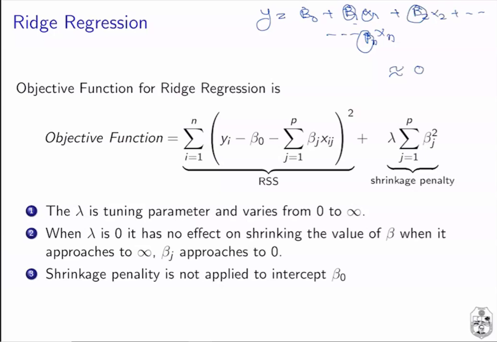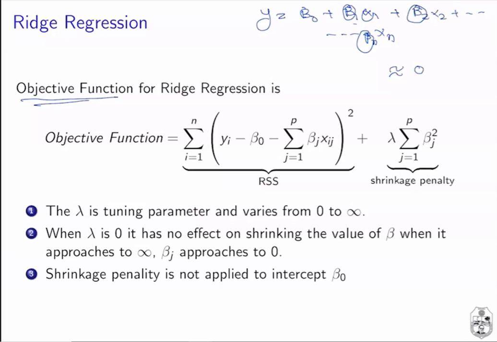It will not eliminate the irrelevant features, but it will make the coefficients of the irrelevant features approximately 0. And this is achieved by changing the objective function.